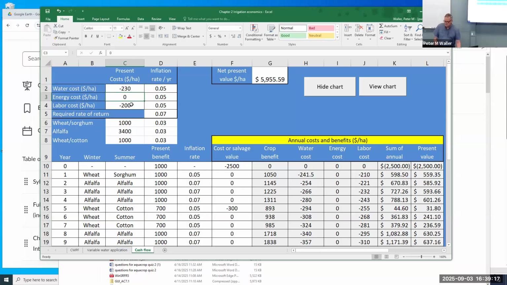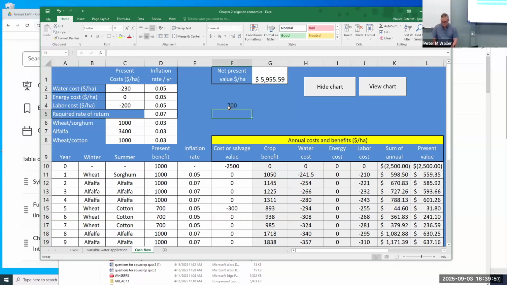Okay. And then our labor cost, dollars per hectare per year. Let's see. I'm just going to go back to that number I had before. Let's say it's $35,000 for 100 acres. So it's $70,000 for 100 hectares. So what would that be in dollars per hectare? It'd be equals 70,000.